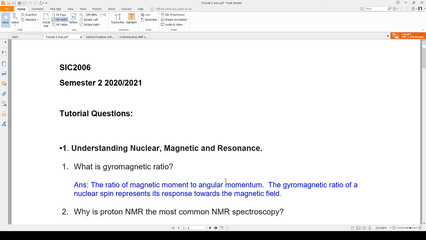But with respect to NMR spectroscopy, the gyromagnetic ratio is unique to each nuclear spin, and it represents its response towards the magnetic field. As you can see, when there is an applied magnetic field, in the Zeeman equation everything else is constant, but it all boils down to the gyromagnetic ratio.